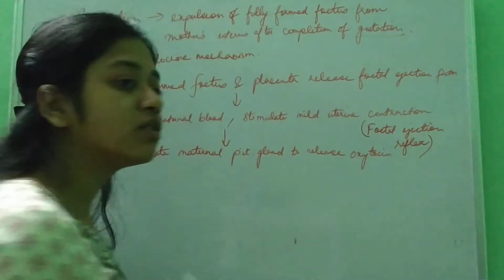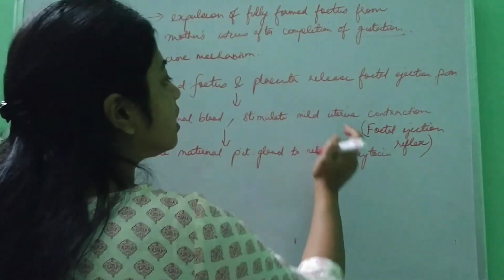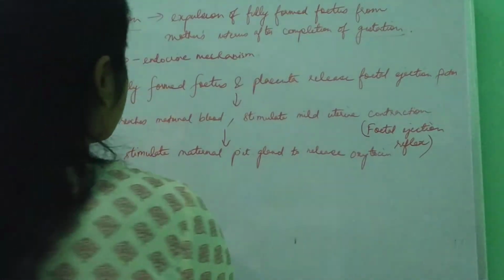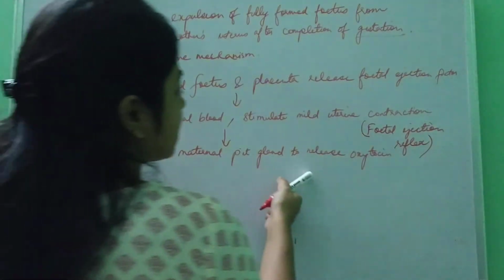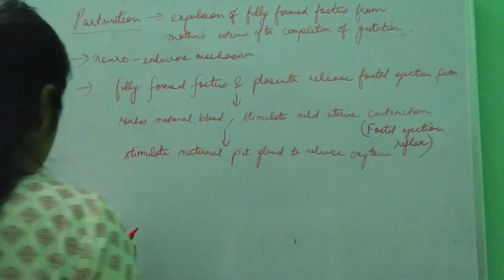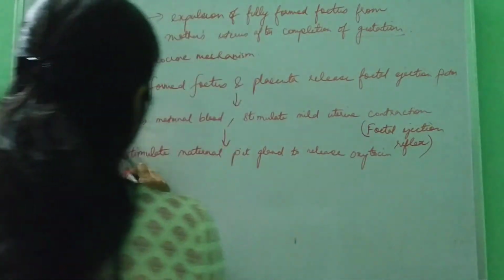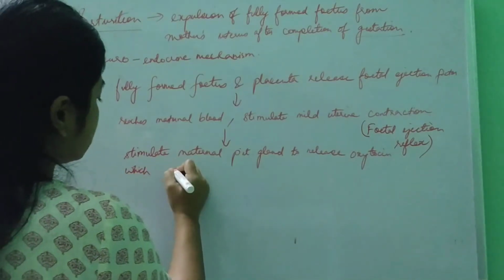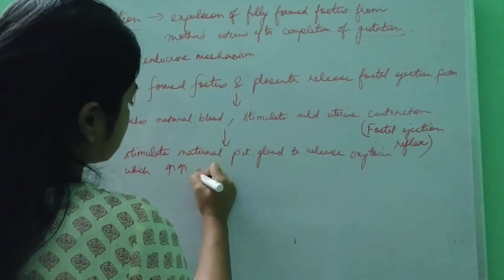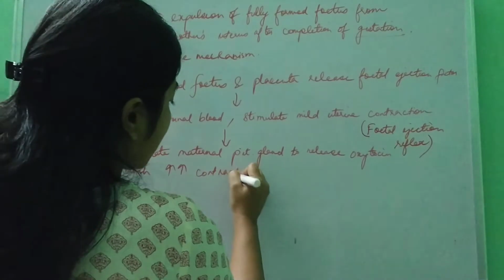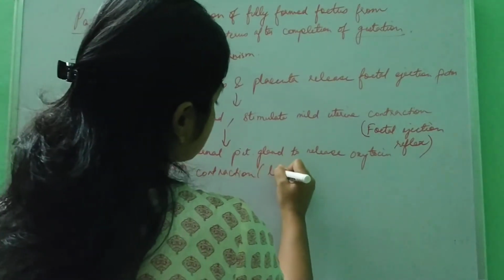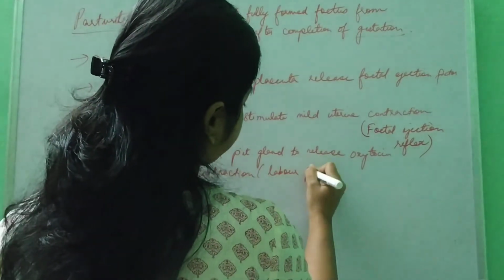Oxytocin is known as birth hormone because this will help in uterine contraction. So it will stimulate maternal pituitary gland to release oxytocin, which will increase the contractions. That increase of contraction is known as labor pain.